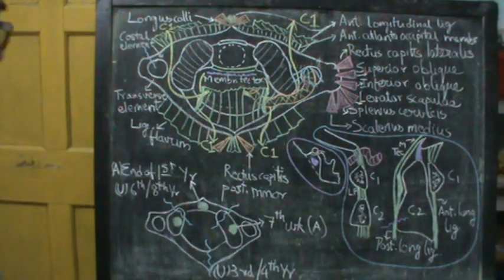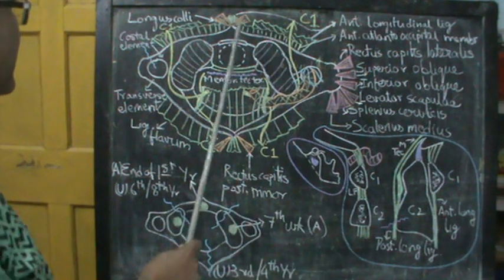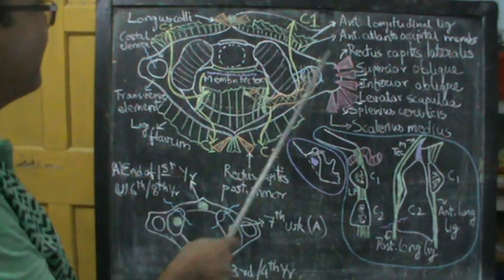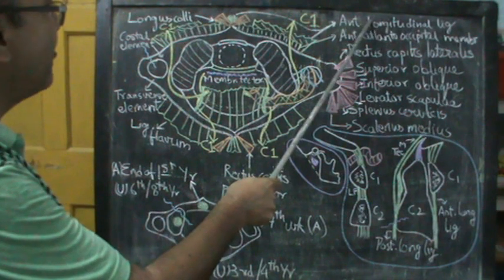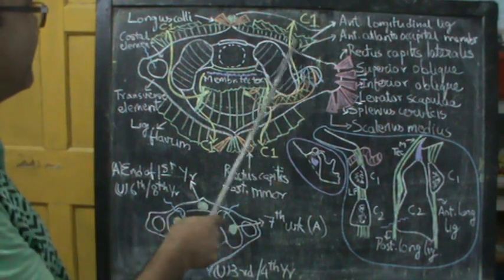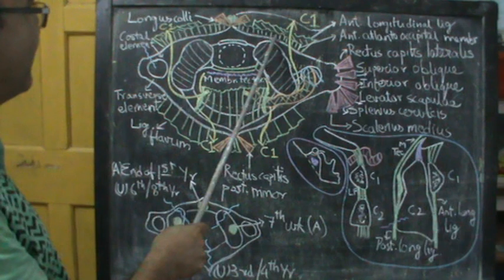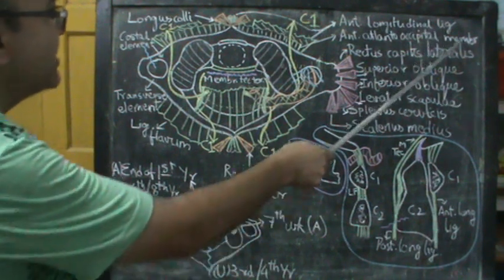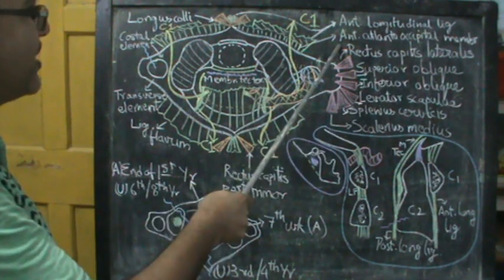So you can see here the anterior tubercle, and from below the anterior longitudinal ligament is coming up to be attached here, and from the atlas passing above is the anterior atlanto-occipital membrane.